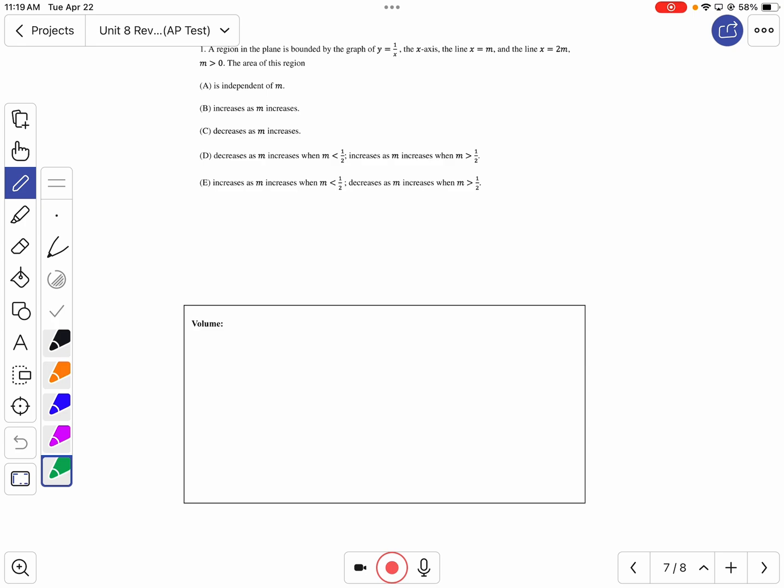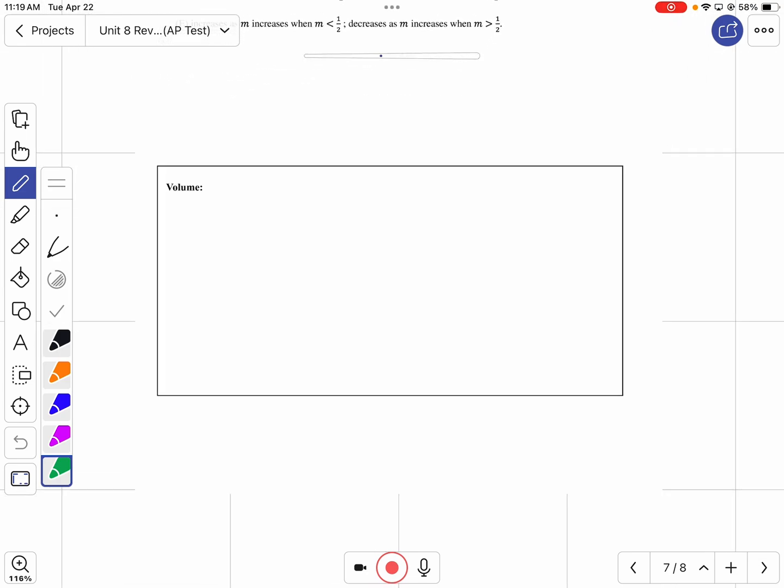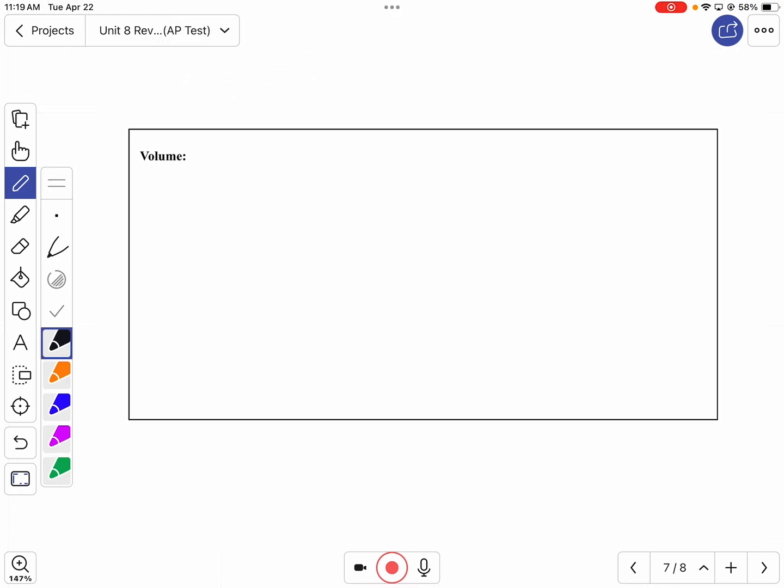All right. So remember with volume, we had 3 methods. We had cross sections, where we build a shape on top of a region.